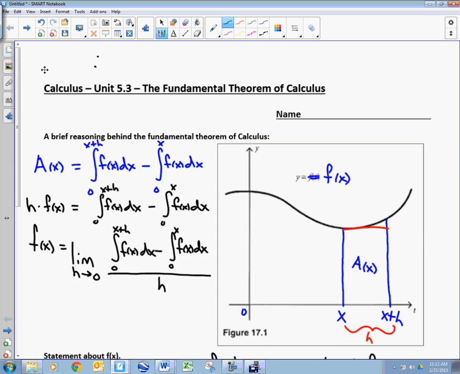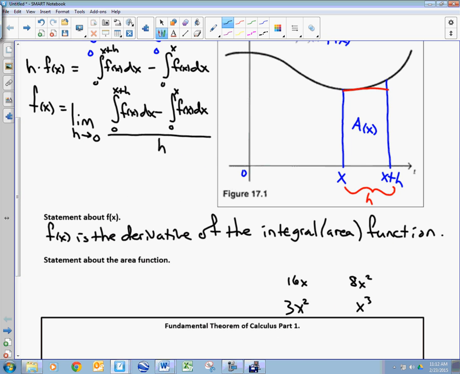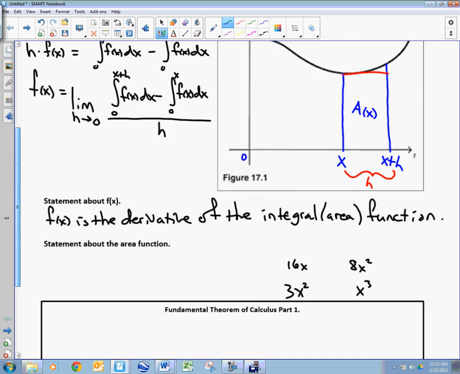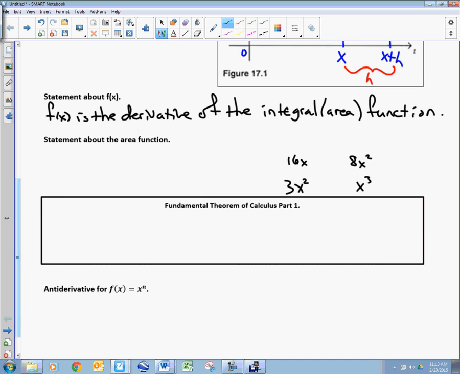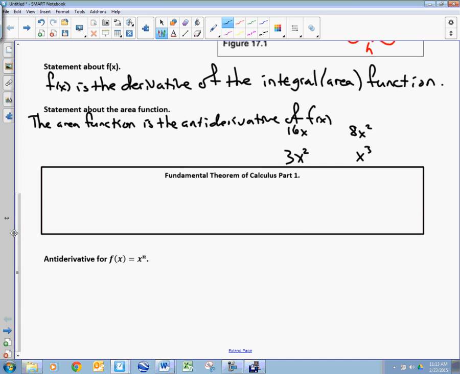That's the statement we're making. So if f of x is the derivative of the integral or area function, then the area function is the antiderivative of f.